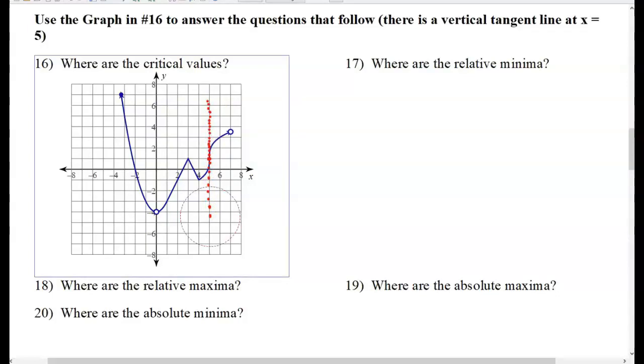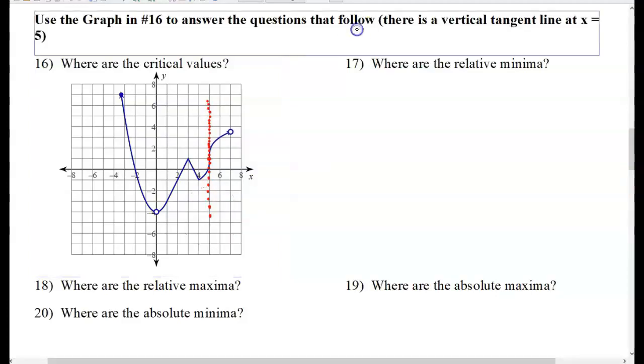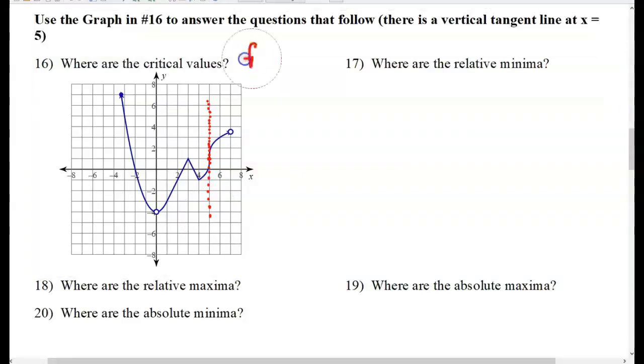All right, so for number 16, it says, where are the critical values? As you may recall, critical values are where f prime equals 0 or where it's undefined. So let's look for where f prime would equal 0. F prime would equal 0 anywhere where there's a flat tangent line.